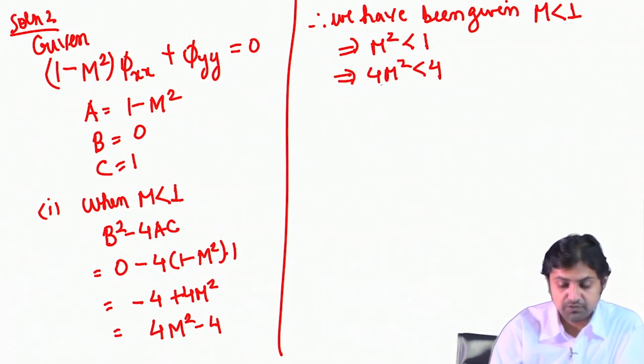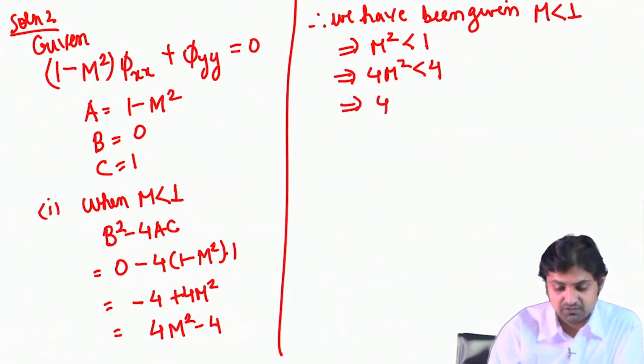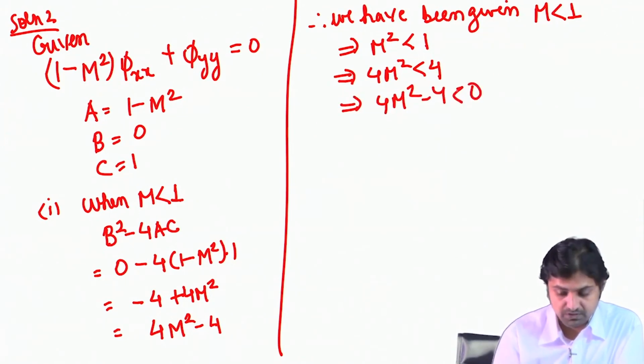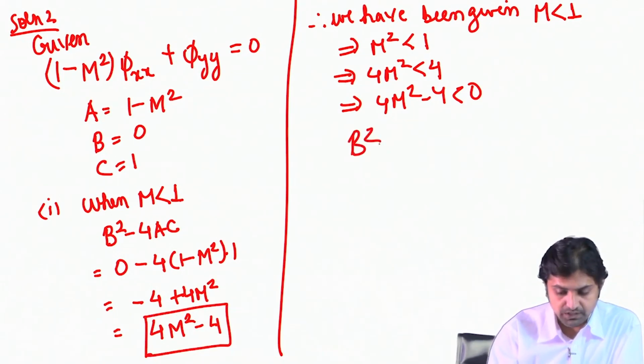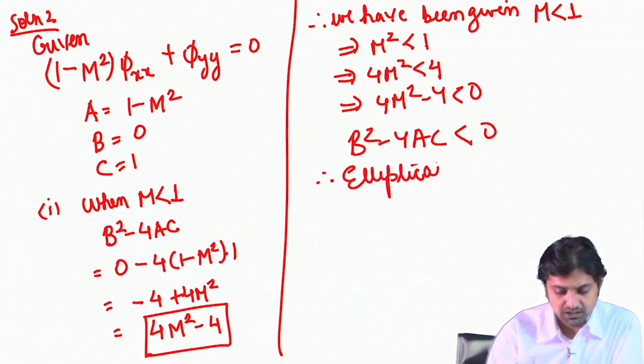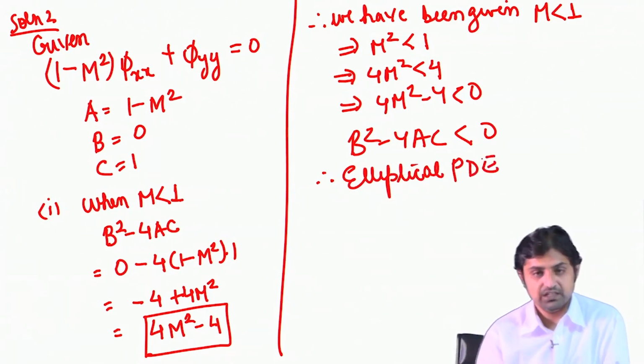So if you bring 4 on this side, it will become 4m square minus 4 is less than 0. Therefore this value 4m square minus 4, or b square minus 4ac, will be less than 0, which means it is an elliptical PDE.